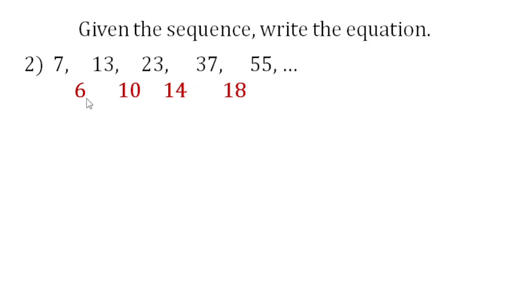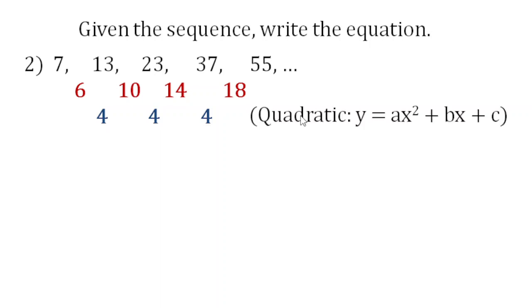But let's investigate furthermore. So between 10 and 6, the difference is 4. Also, between 14 and 10, the difference is also 4. And also, between 18 and 14, the difference is also 4. So if this will be the case, this is what we call a quadratic sequence.